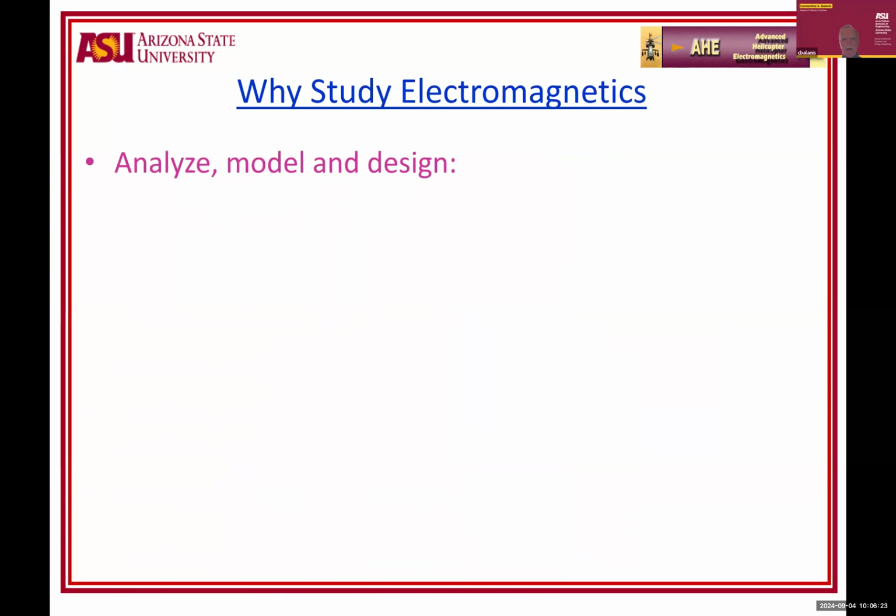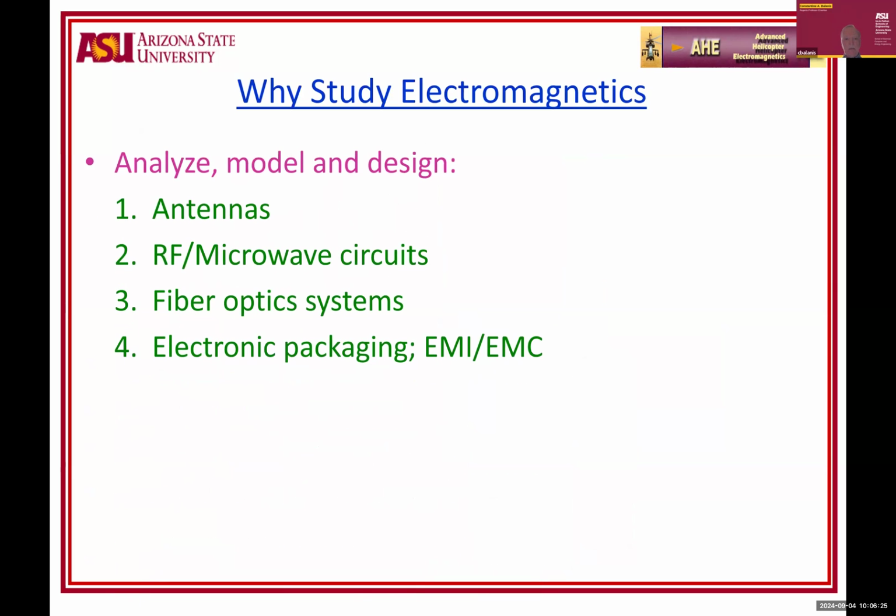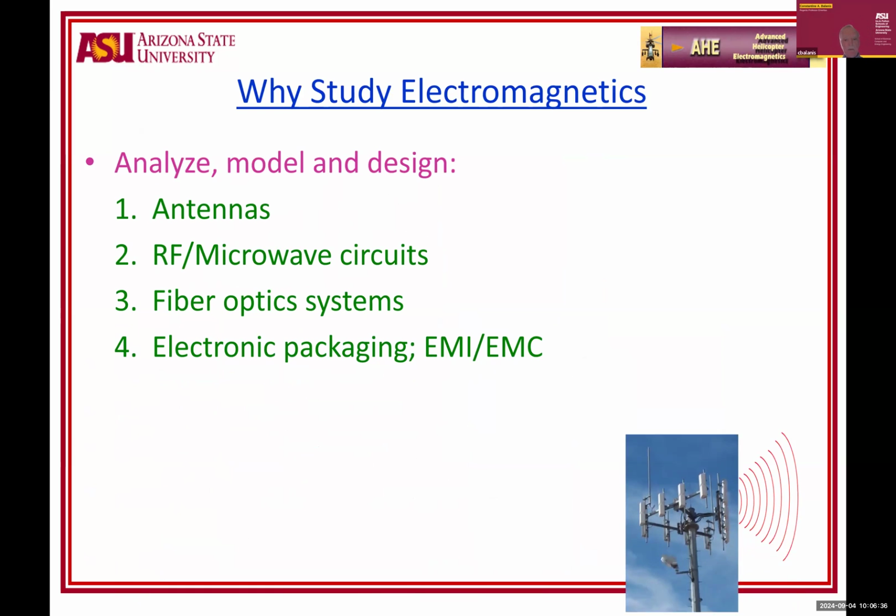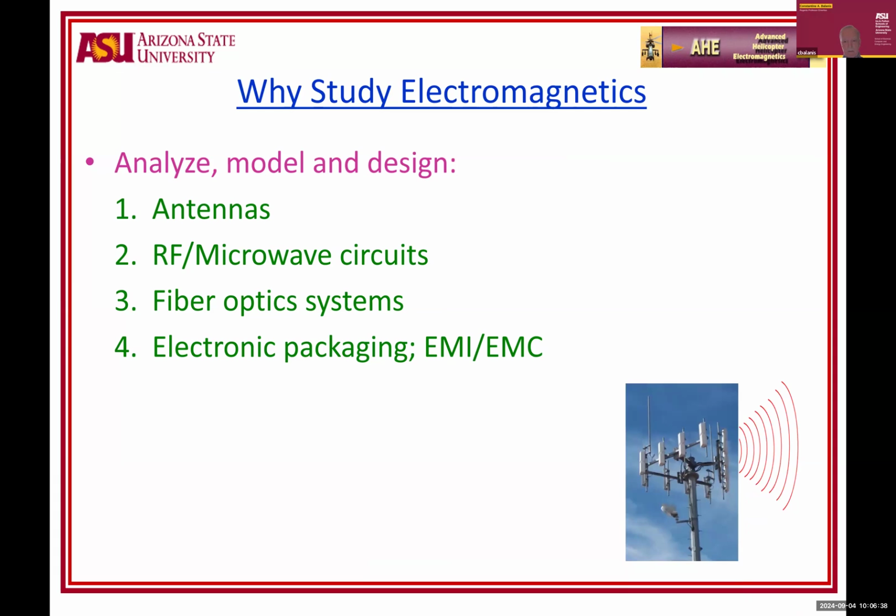Again, what do you study in electromagnetics? You analyze, model, and design antennas, RF microwave circuits, fiber optics, electronic packaging, electromagnetic interference, and electromagnetic compatibility. Here's, for example, a base station with antennas in it. We use it for cell phone communication.